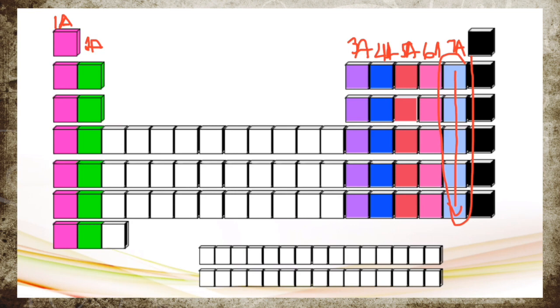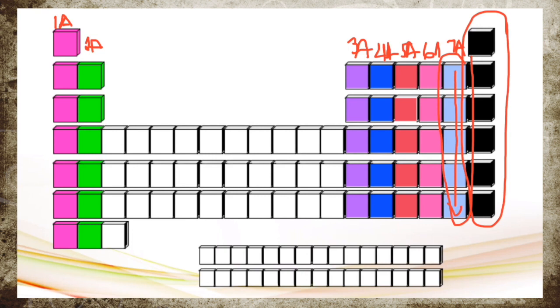Halogens means salt forming. The elements can be sorted into 4 different groupings based on their electron configurations as well. We have the noble gases, which is the last column or the last family, the representative elements, the transition metals, and the inner transition metals.